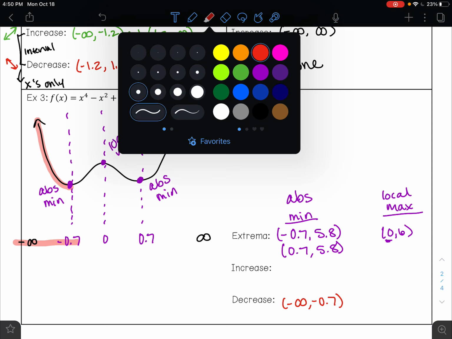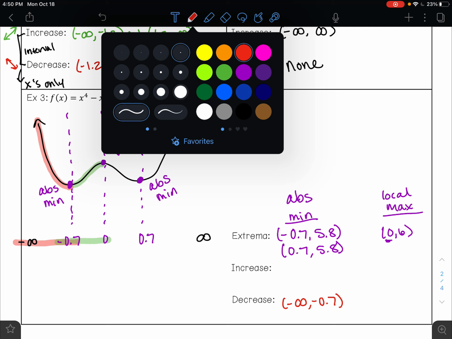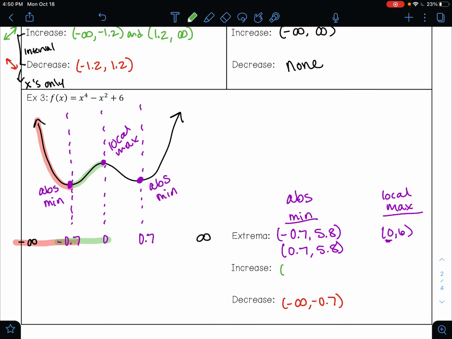For the next part, I'm going up to go from the absolute min to the local max. So this is an interval of increase. Here I am increasing from negative 0.7 to 0. And then to go from the local max to the absolute min, we go down from left to right.